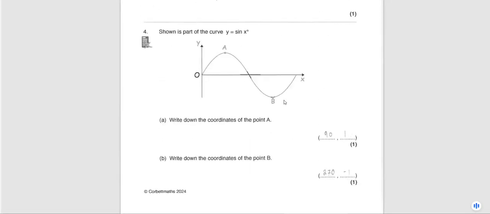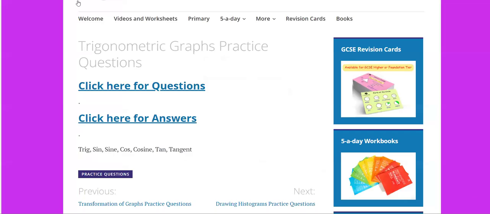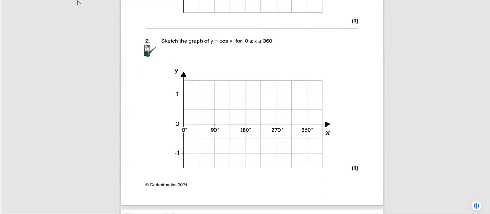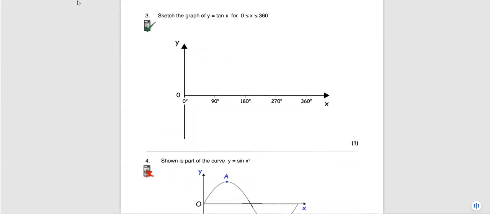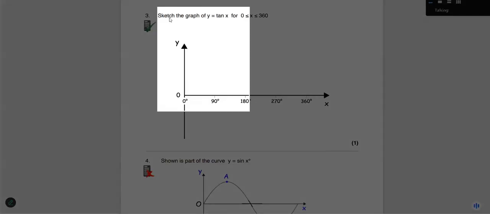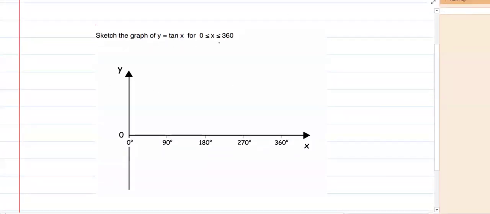Now let's say I'm taking this question, okay? Here I have a question. Sketch the graph of y is equal to tangent x. So how would you sketch?